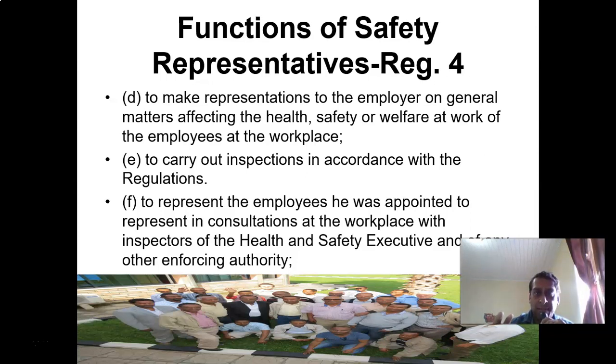So you'll find here a lot of what, for example, this safety professional may do will fall in line with the safety representative, right? Albeit more so for consultation, not just doing risk assessments, but really consulting with the employees on matters of health and safety, representing those employees to the employer, right?